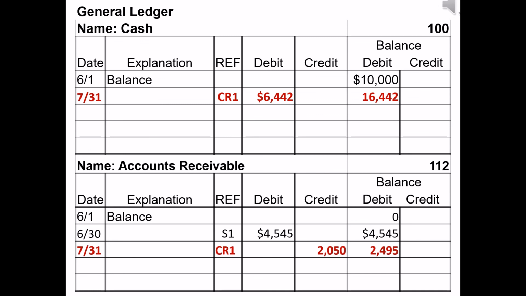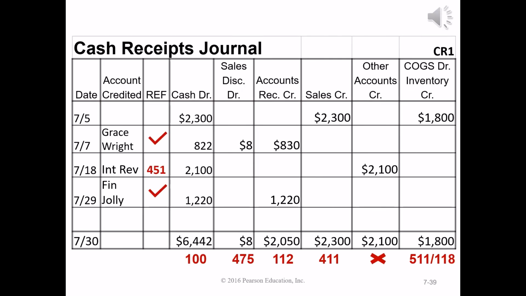Notice that the cash account number is 100 and the accounts receivable account number is 112. At the bottom of our cash receipts journal and at the July 18 reference column, you'll notice the account numbers that we used for each one of our postings that we made into our general ledger.